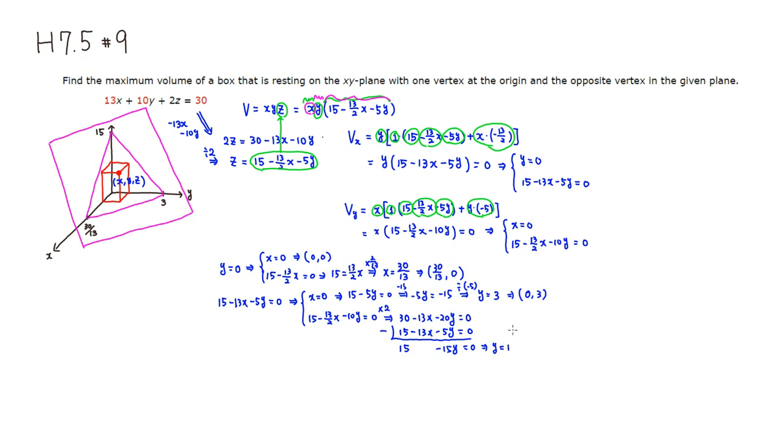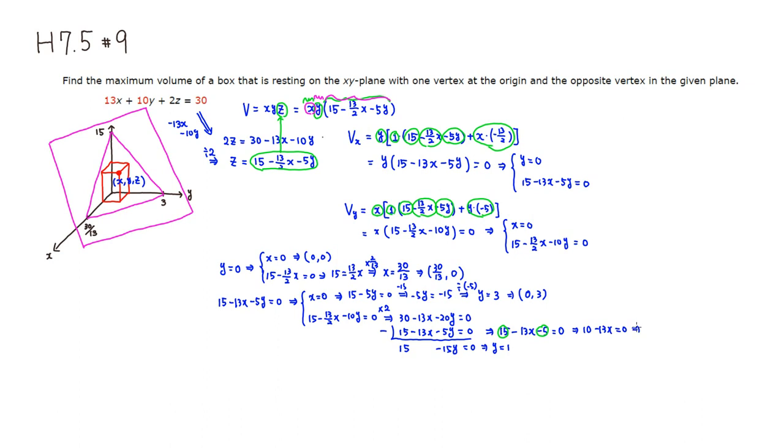So from here, I plug in y equals 1, so it's 15 minus 13x, and then negative 5 is equal to 0. We can combine 15 and minus 5, so that gives us 10, and a minus 13x is equal to 0.